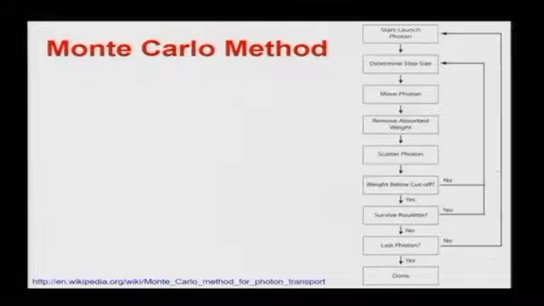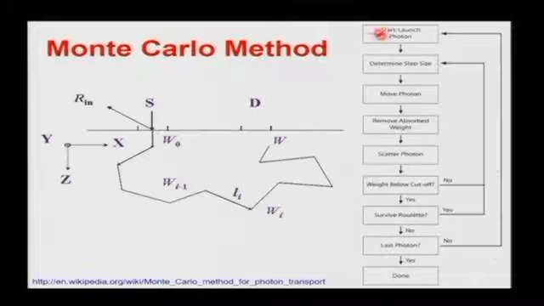Okay, if you open Wikipedia, they suggest this standard diagram of how it works. We launch a photon at the point of incidence, and then we determine the step size and how it goes through. Then we change the weight, meaning that each photon packet is described by a weight function, and the original weight becomes smaller and smaller at each step, and when it comes to the detector it could be very small.